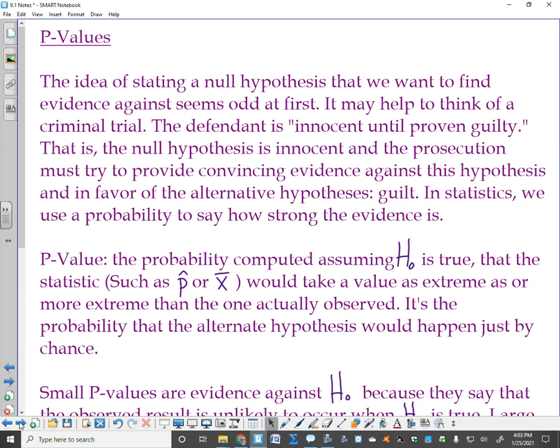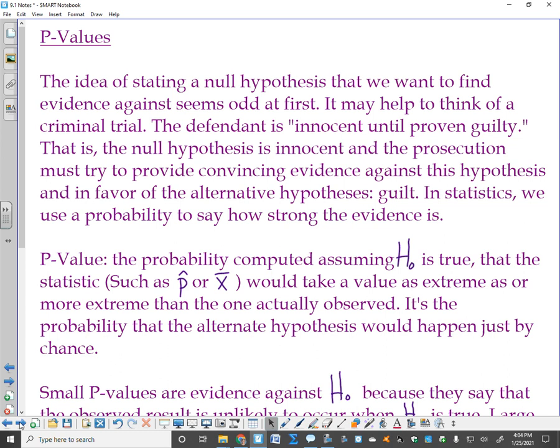In statistics, we use a probability to say how strong the evidence is. Okay, so just to recap, your null is that you're innocent. The alternate is that you're guilty. We assume you're innocent. If I can't come up with enough evidence to say that you're guilty, then I'm sticking with innocent. Now, I can come up with some evidence.